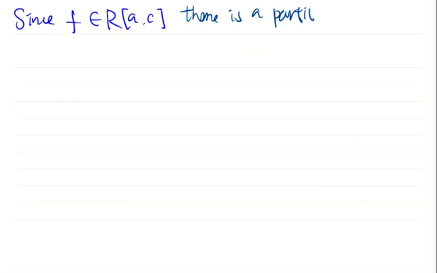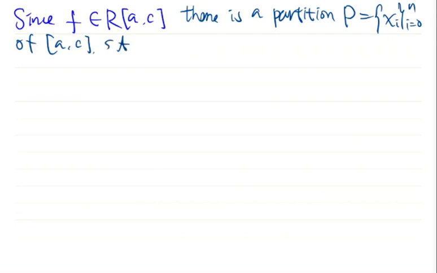When studying integrals, we need to use partitions. The sum of omega_i delta x_i is small.